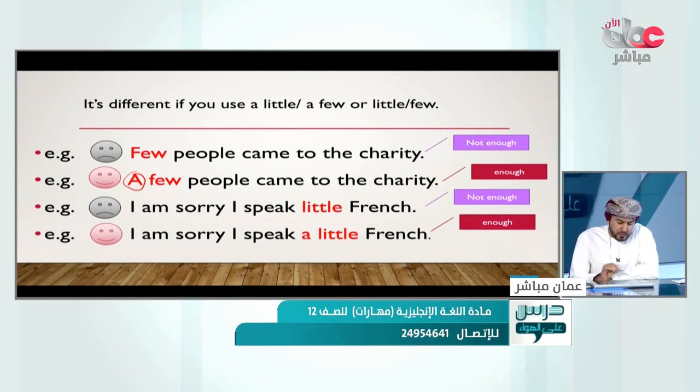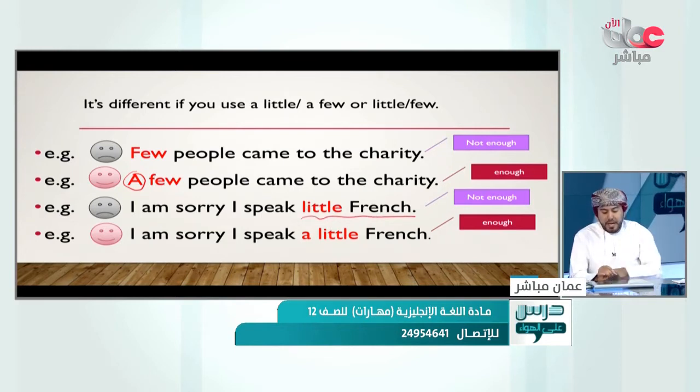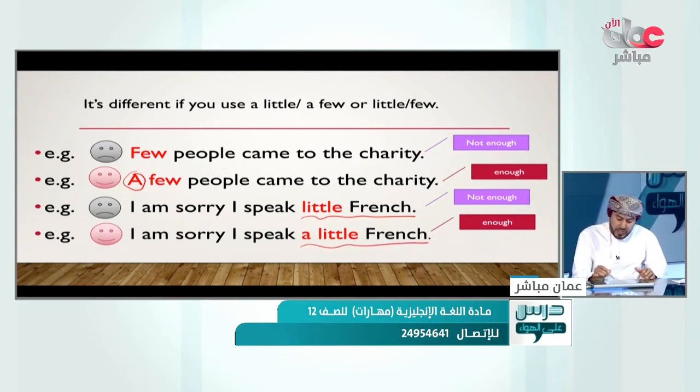Let us move to the second one, which is about the difference between little and a little. The same here. I am sorry, I speak little French, which is followed by an uncountable noun. I am sorry, I speak a little French. So what is the difference between little and a little?